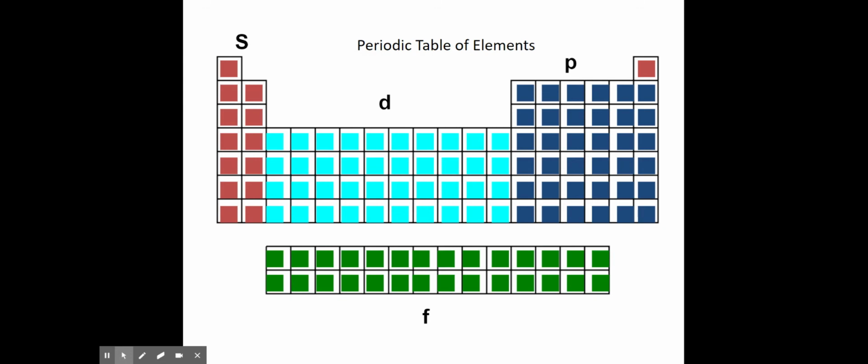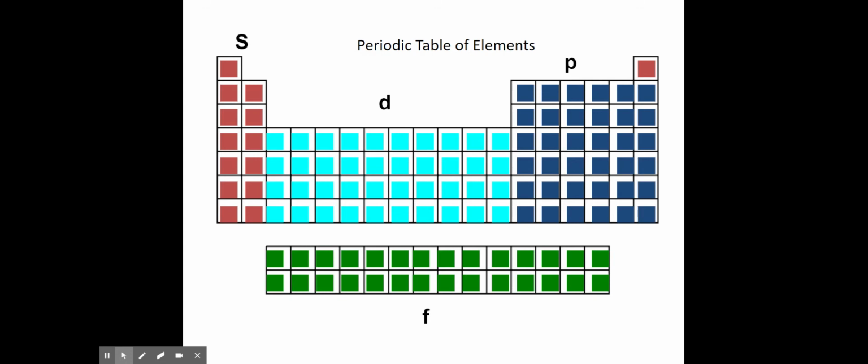The answer is all the elements that are on that rightmost column have one important characteristic in common. And that characteristic is their outermost subshells are completely full.